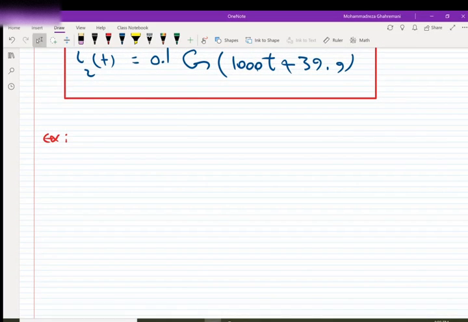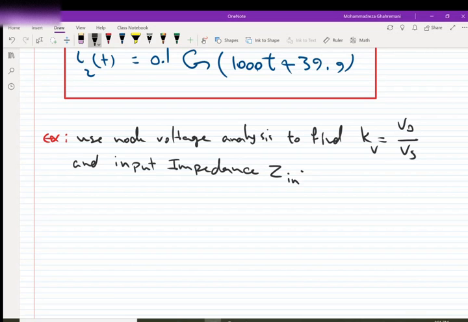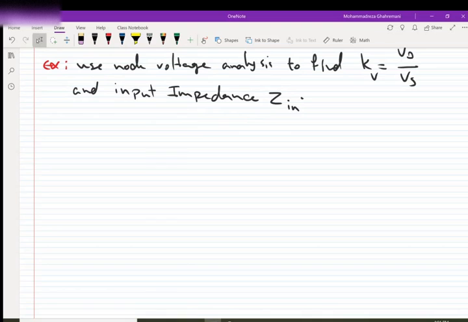Example: use node voltage analysis to find voltage gain K, which is VO over Vs, and input impedance Z sub in. Okay, so here is the circuit.